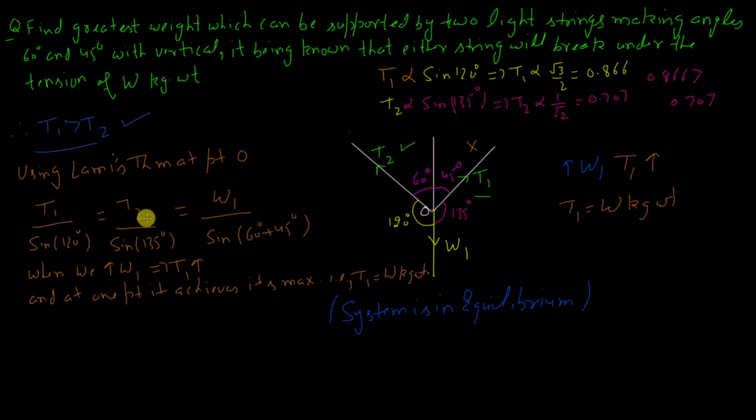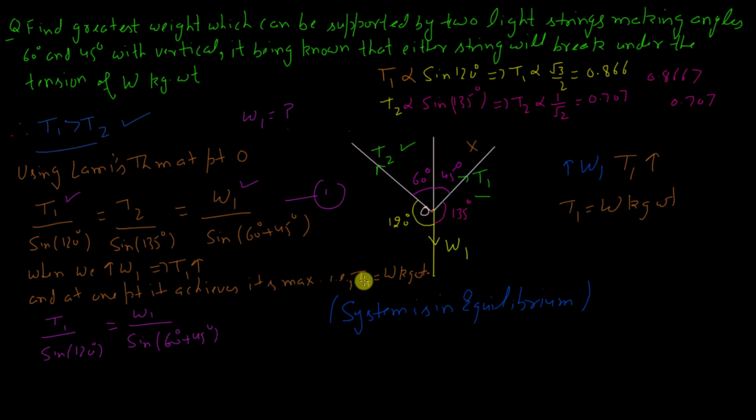Fine. Now taking first and third terms, because we have to determine W1, the greatest weight which it can support. So taking first and third terms of equation number 1, we get T1 upon sine 120 degree is equal to W1 upon sine 60 degree plus 45 degree.